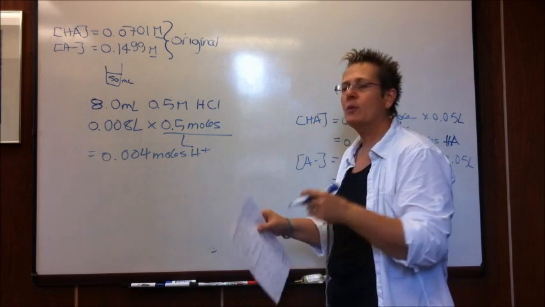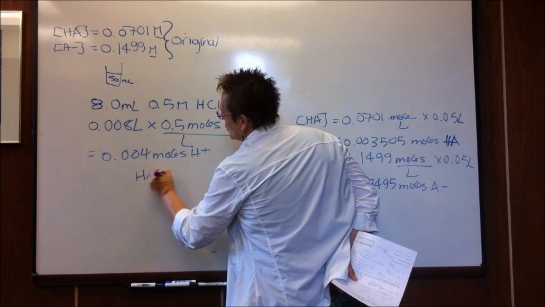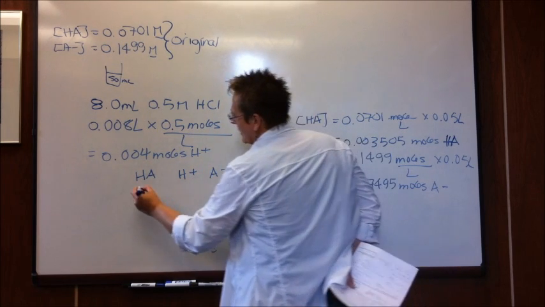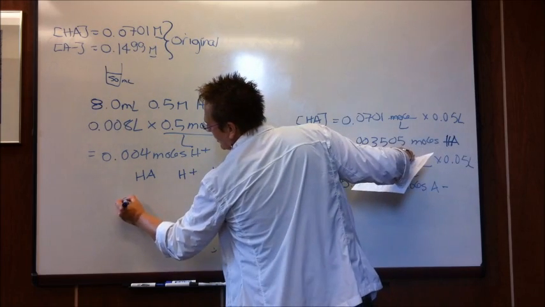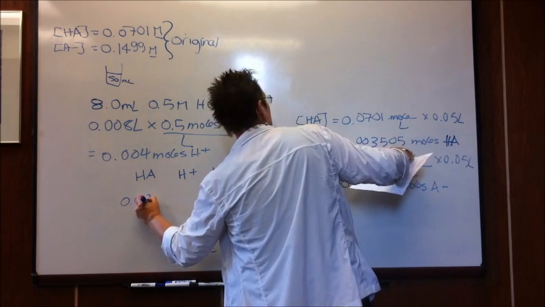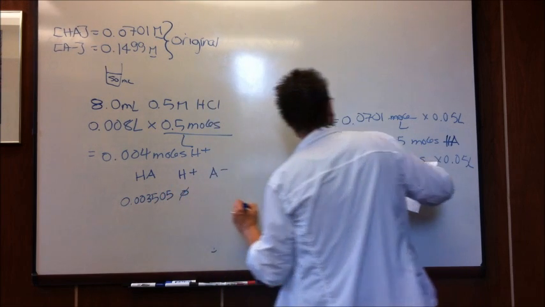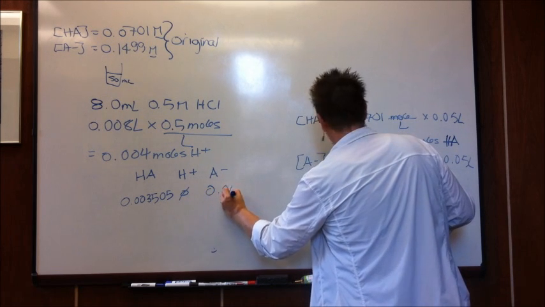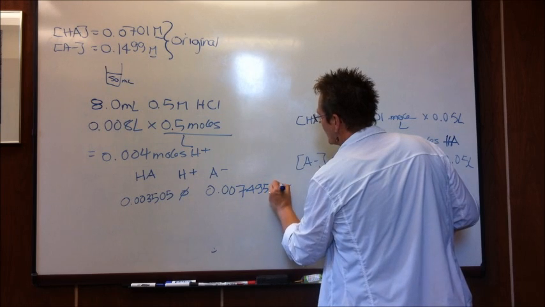So really the easiest way to think of this, I think, is doing a little ICE table where we have our HA, our H plus, and our A minus. To start with HA, we take our number from over here, 0.003505. We're not going to talk about H plus. A minus, 0.007495. These are both in moles.